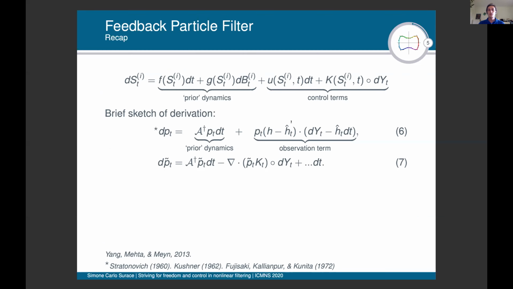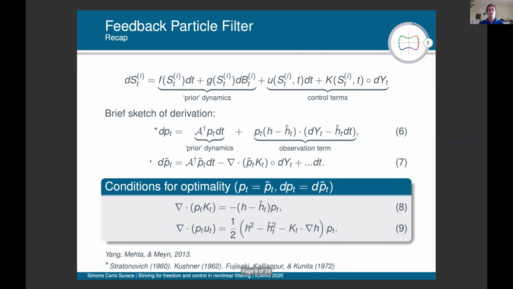But then there is a correction term or observation term, which takes into account the observation process. And we also write down the distribution of the particles themselves, which is just the Kolmogorov forward equation for the conditional distribution of the particles given the observations.